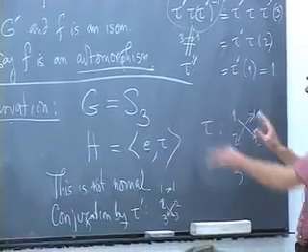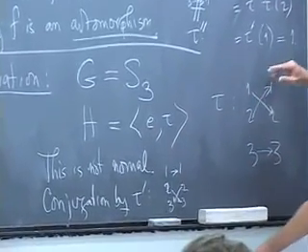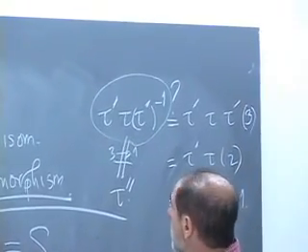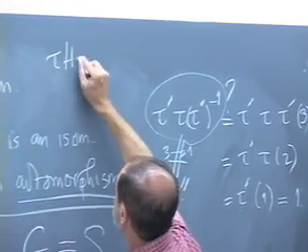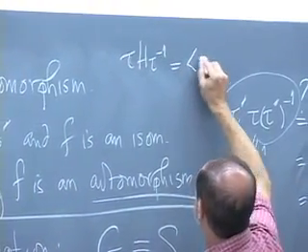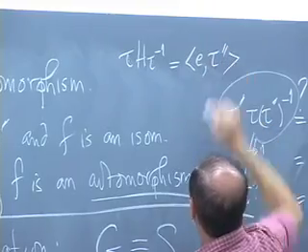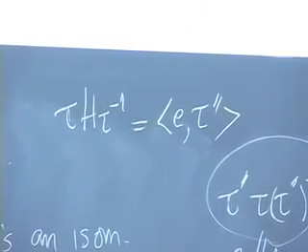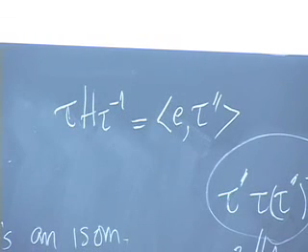And tau double prime is the unique one of these that takes 3 to 1. Okay? So in fact, we find here that tau H tau inverse is the subgroup {e, tau double prime}. And so there's a non-normal subgroup for you. So in particular, that subgroup is not the kernel of a homomorphism.